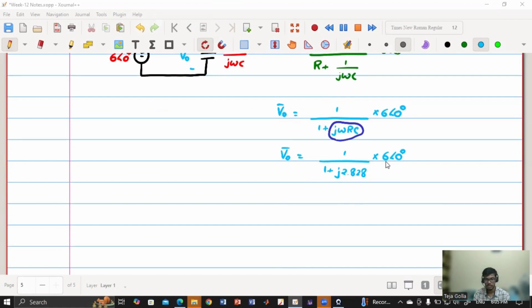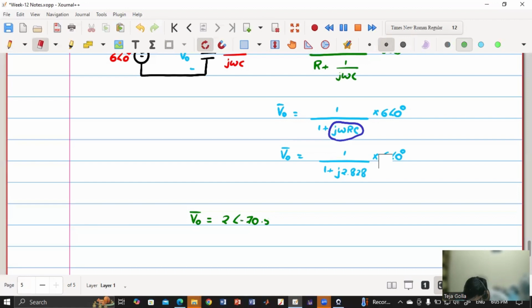So V0 is 2 volts. And the angle? Minus 70.53. Roshan, are you getting the same value or anything different?